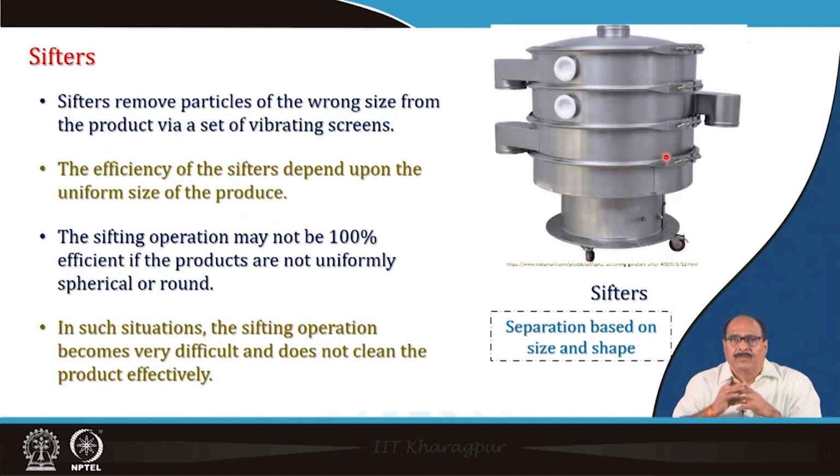Sifters separate the commodity based on size and shape. Sifters remove particles of the wrong size from the product via a set of vibrating screens, as provided here in the figure. The efficiency of the sifters depends on the uniform size of the produce. The sifting operation may not be 100% efficient if the products are not uniformly spherical or round.